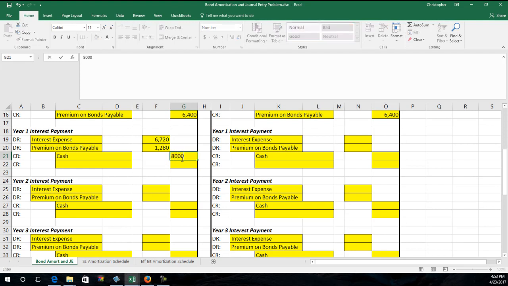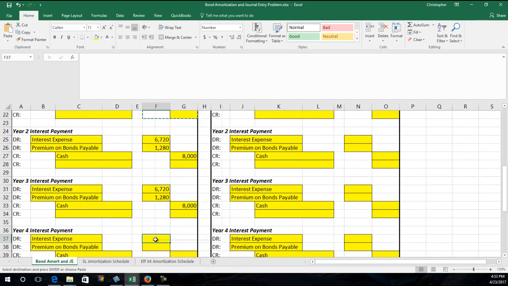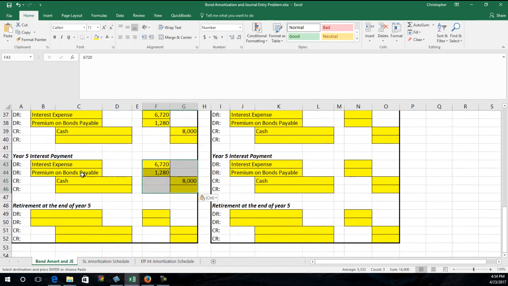And then $8,000 interest paid. So under the straight line method, it's going to be the exact same. We can't do that for the effective interest method, though. We'll have to pull those separately. Straight line, once you have 1 year's journal entry, you have all years.